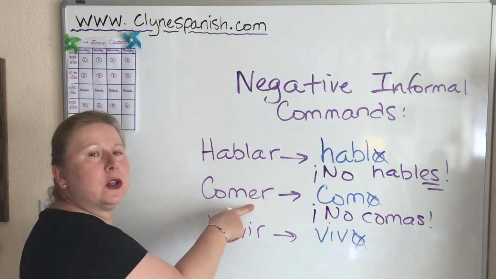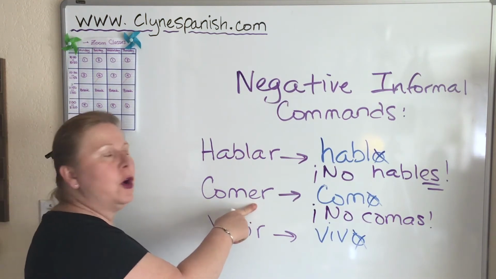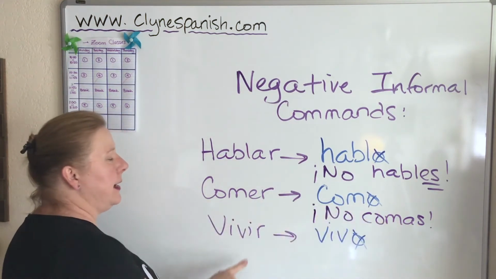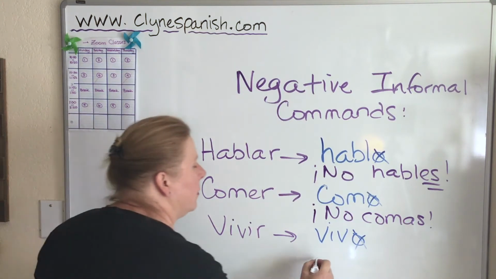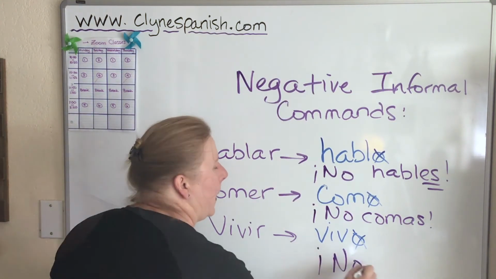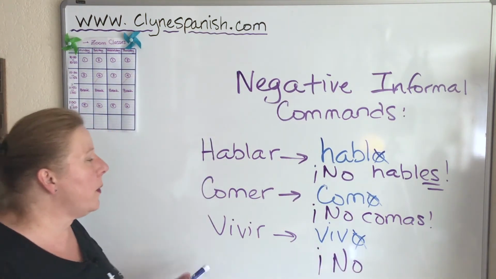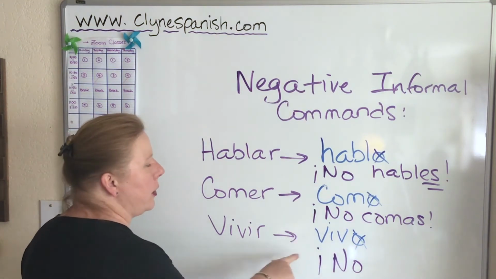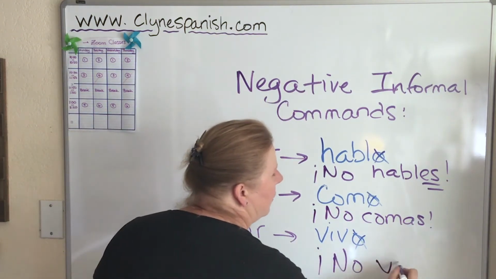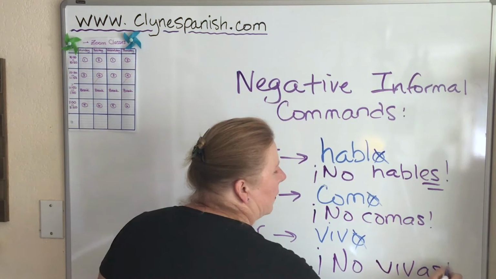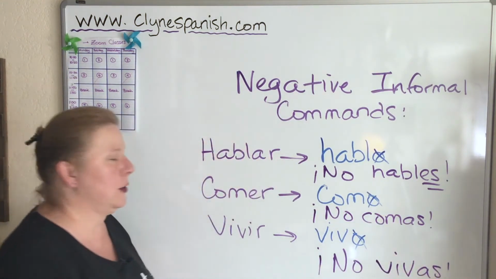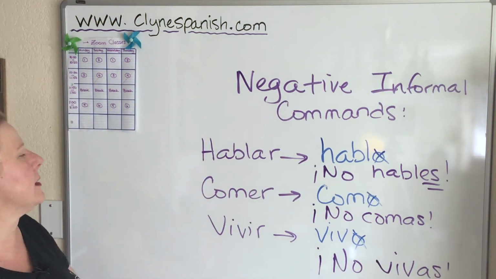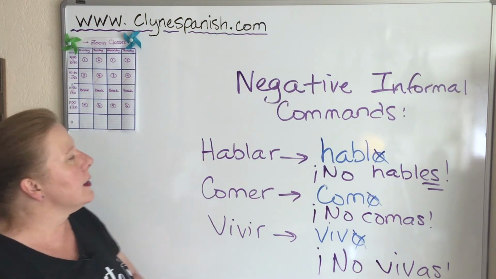No comas. Look what happened. It's the tú form, opposite ending. Vivir. This is kind of mean. All right, vivir. So what happens is, again, drop the O, opposite tú form, no vivas. So don't live there, right? No vivas, all right?